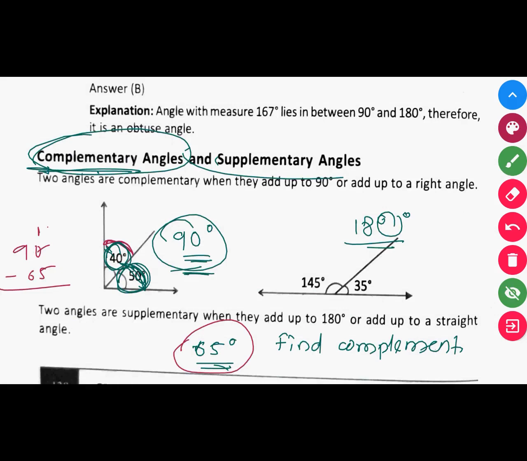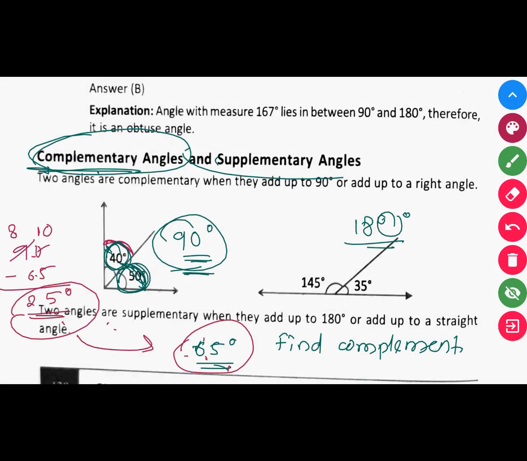We have to borrow here because 5 cannot be subtracted from 0. So we borrow from the 9. 10 minus 5 is equal to 5 and 8 minus 6 is equal to 2. So the other angle is 25 degree and their total is 90. So they are complementary to each other.